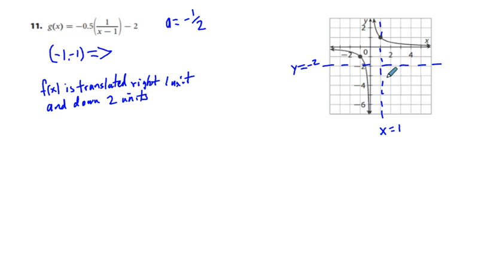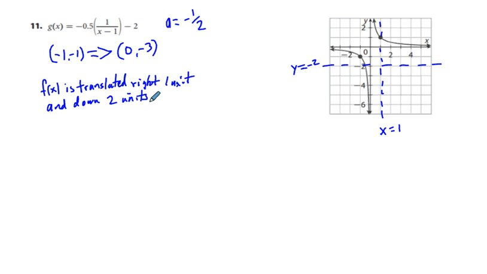And then, so this point, -1, -1, goes to the right. So we add 1 to -1. So we get 0. And then we subtract 2 from -1. So we get 0, -3.